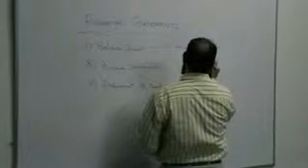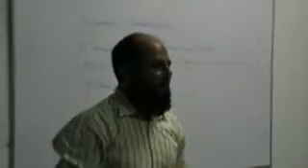The balance sheet is based on the accounting equation that we discussed last time: assets are equal to liabilities plus owner's equity. So the balance sheet is a perfect representation of this accounting equation.